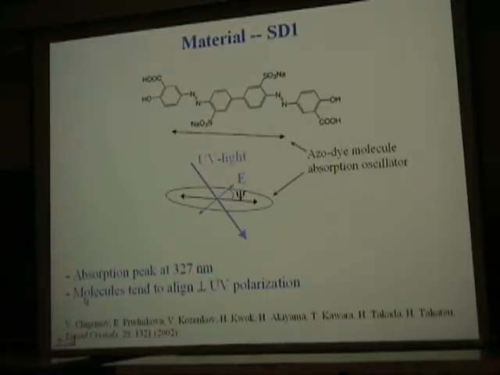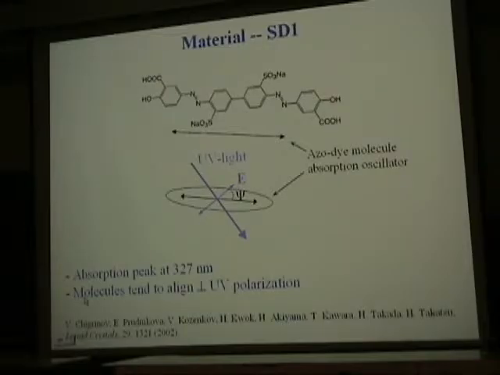Importantly, it was observed that when this material is illuminated by linearly polarized UV light, the long axis of the molecule rotates perpendicular to the UV polarization.